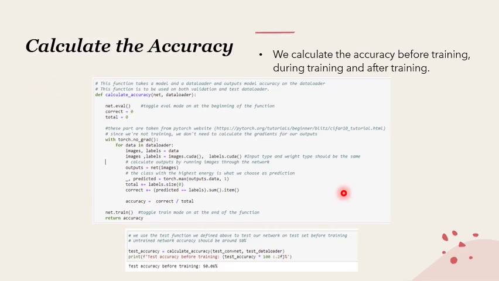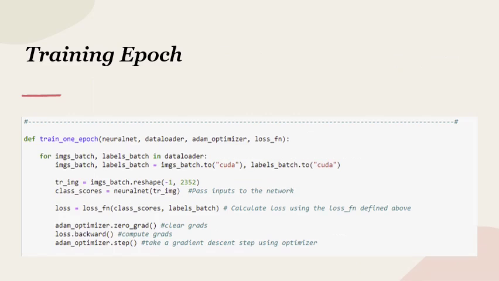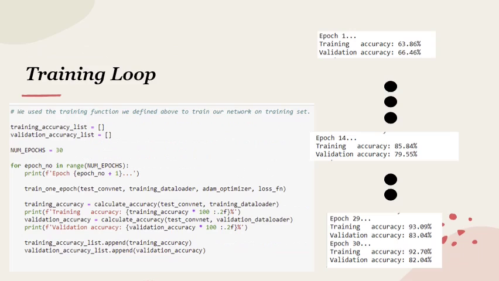We calculate the accuracy both before training and after training. Before training, the test accuracy is 50%. This is expected because there is no training, so it is random which one is the correct image. We use 30 epochs for training, and we have improved training accuracy from 63% to 93%.